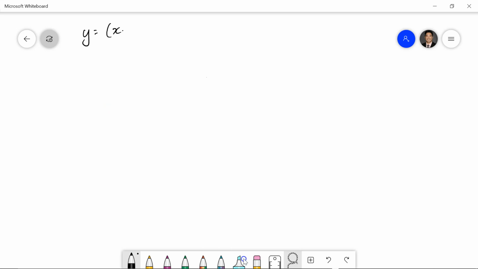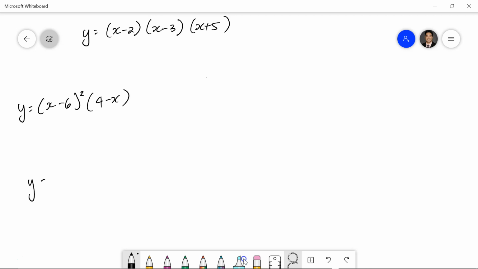y equals (x minus 2)(x minus 3)(x plus 5) is a cubic function. y is equal to (x minus 6) all squared times (4 minus x) is another cubic function. And then y is equal to (x minus 2) all cubed is a cubic function.